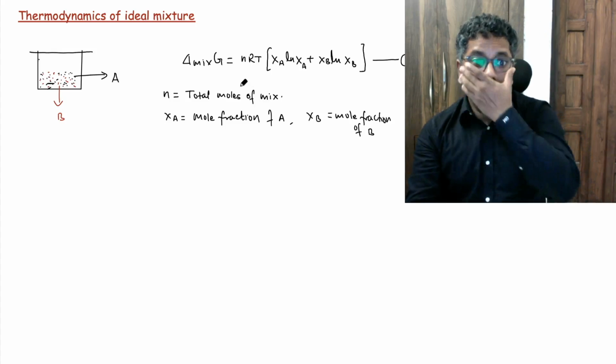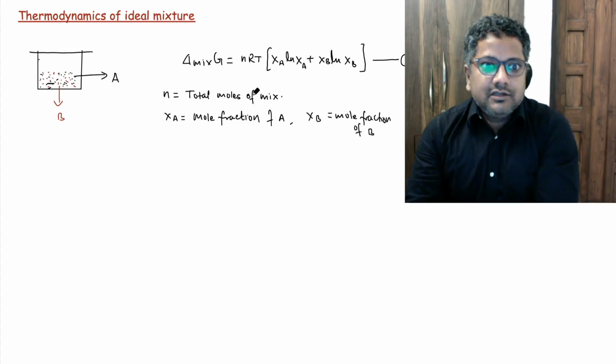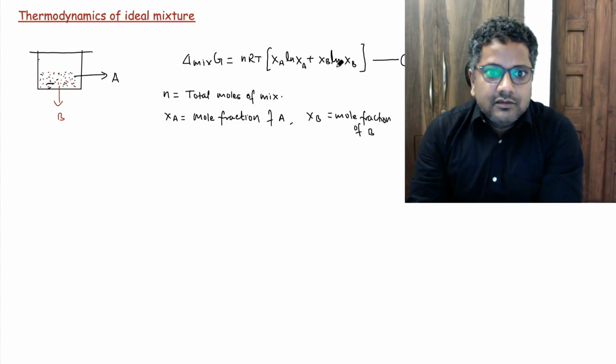So n is the total number of moles. So by using this equation, you can calculate delta G mixing.